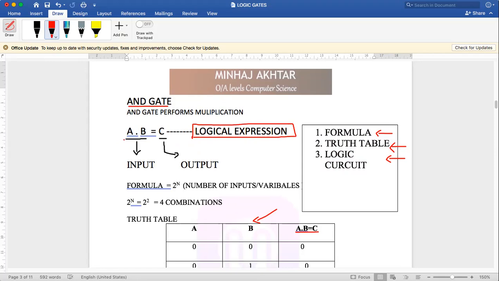In our logical expression, we have 2 sides. The side before the equal sign is called input, and the side after is called output. On the left hand side, we have input, and on the right hand side, we have output.